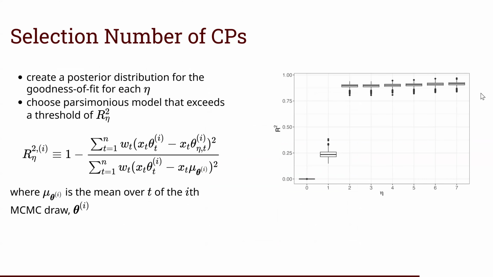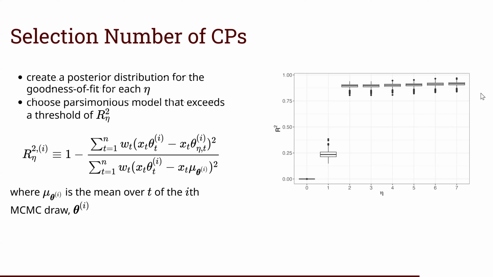To choose lambda, lambda corresponds to how many regimes you have, or how many change points you have: 0, 1, 2, etc. This is the workflow proposed by that original paper, Hahn and Carvalho, and essentially you use this goodness of fit metric, where this is like the dense trend versus the projected trend to a smaller space, right?